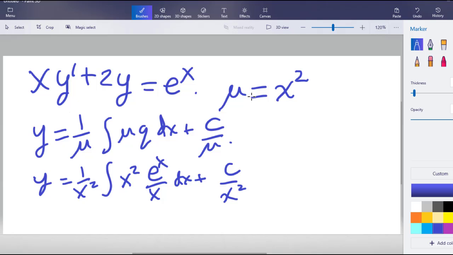And remember that the q that you use is from the standard form after we divided by the x here. You have to divide e to the x by x, and that's why we ended up with e to the x over x here. This x will cancel with one of those. So we're really integrating just x e to the x.